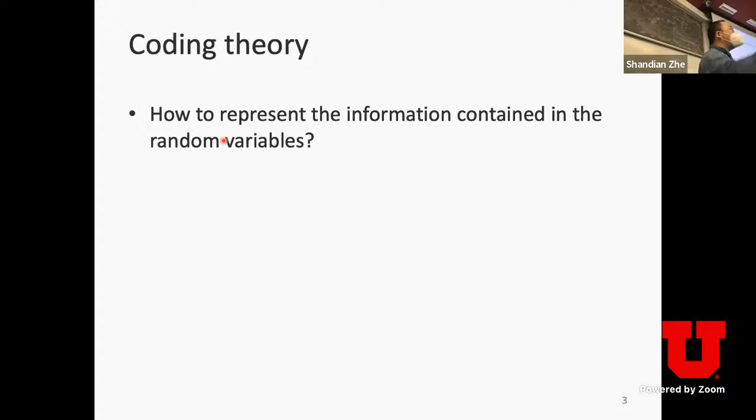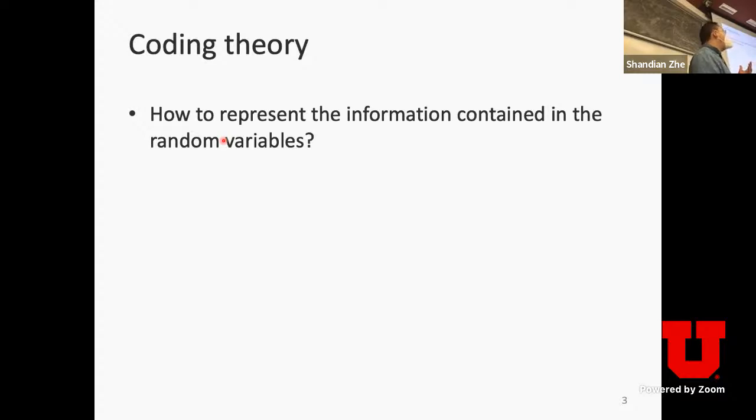On the other hand, if this random variable is a special type, meaning that it is deterministic, I know the random variable will always be 1, then because we do not have any uncertainty about the value, the information contained in that deterministic random variable is simply 0. This is maybe a little counterintuitive from your common sense.